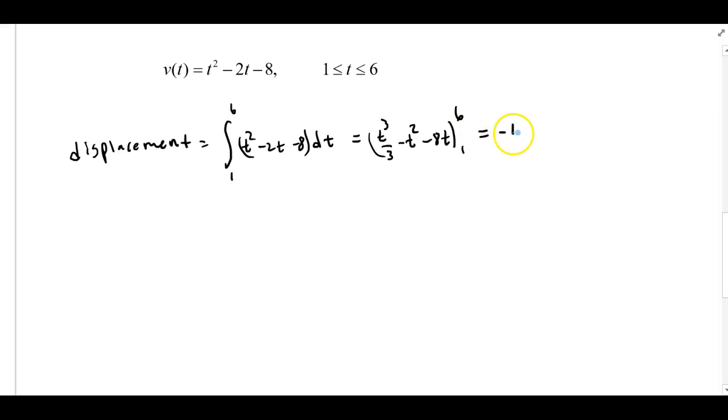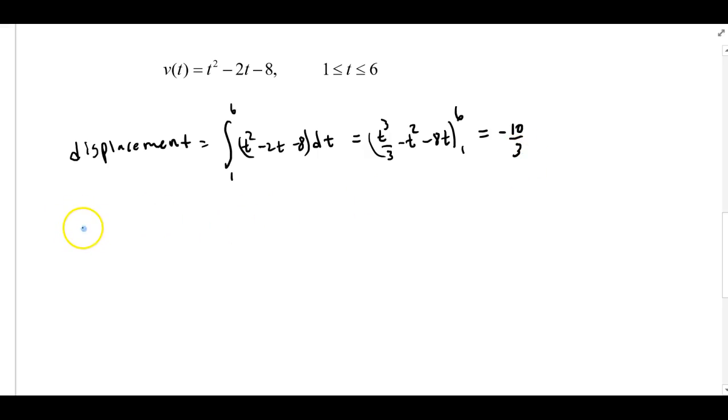When we do that, we get negative 10/3. So that will be the displacement. This displacement is helpful because now we know our position in reference to our starting position: we are negative 10/3 units behind that. So that's where we end up overall.